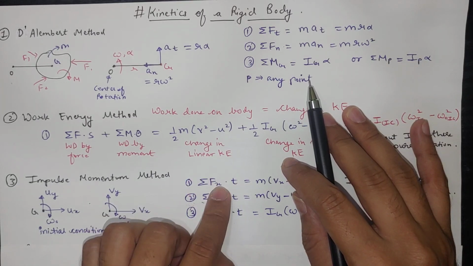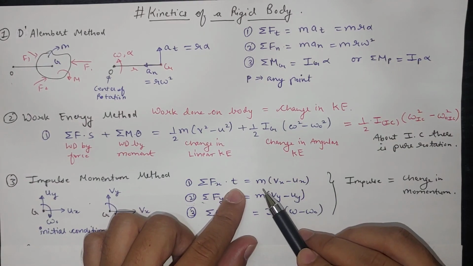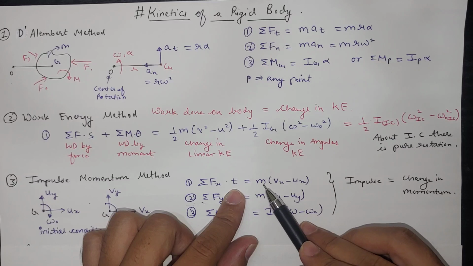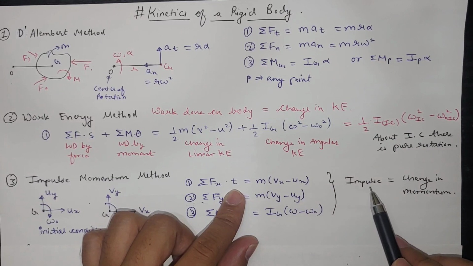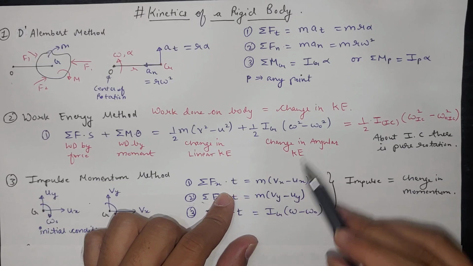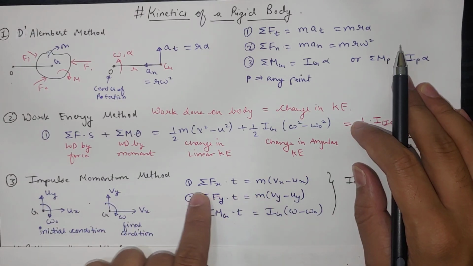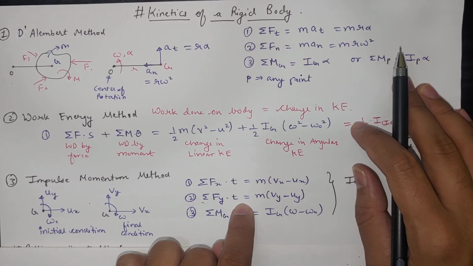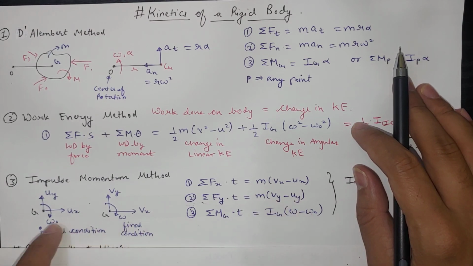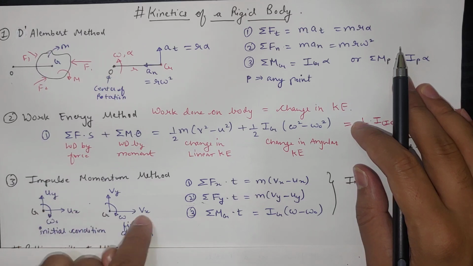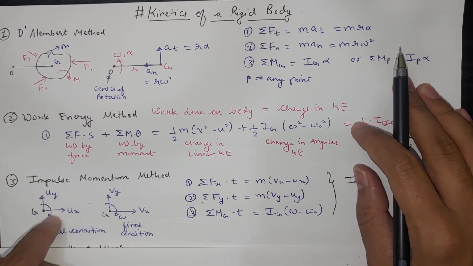This gives an impulse in the x direction, which equals the change in momentum in the x direction, m (vx minus ux), final velocity and initial velocity. Impulse equal to change in momentum is the basic equation, and we have to separate it for the x and y directions. In the y direction, summation of forces into the time of impact is equal to m (vy minus uy). So you have to separate the x direction and the y direction.